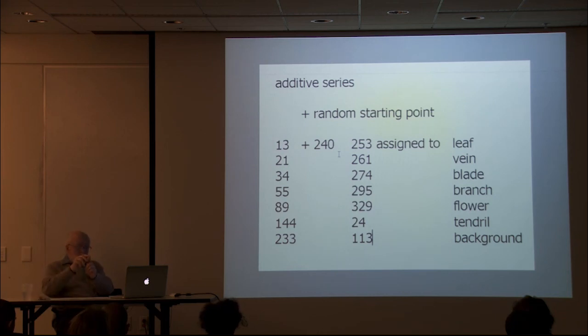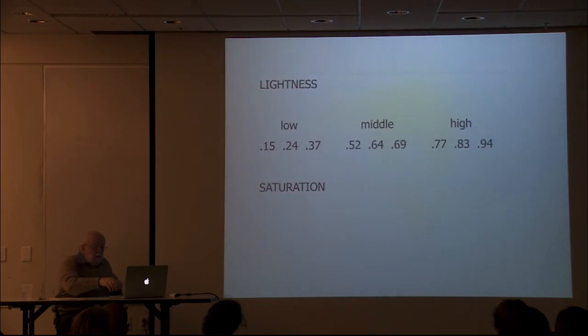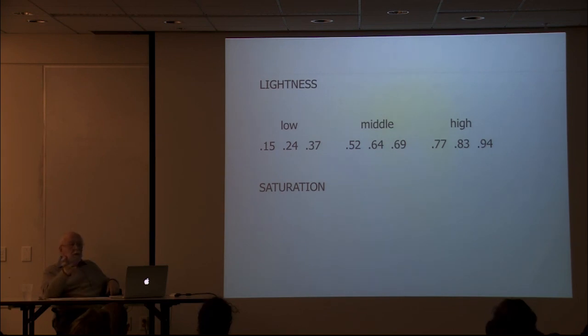And actually, you'll probably recognize from down the left-hand side, it's a Fibonacci series. Okay. Then it divided the whole range of lightness and saturation into three ranges, low, middle, and high. And it picked three random numbers for each of those three ranges. So far, so good. It used the same 9 numbers for both lightness and saturation.